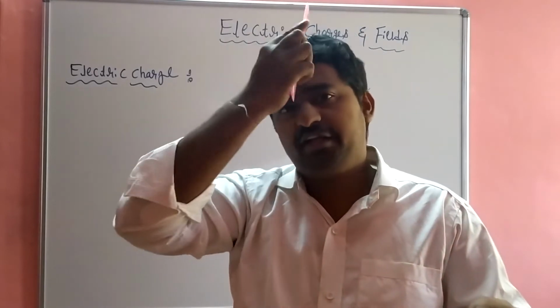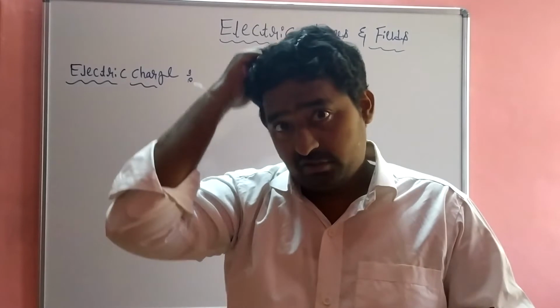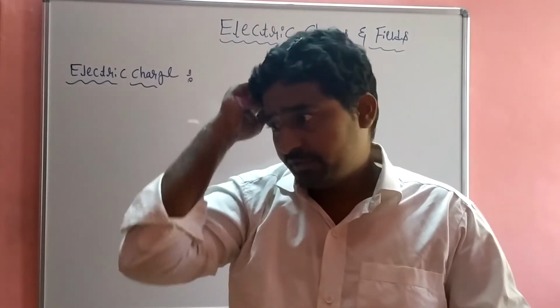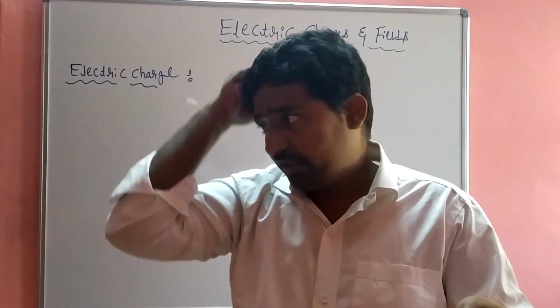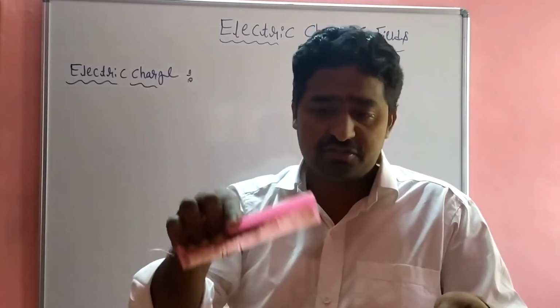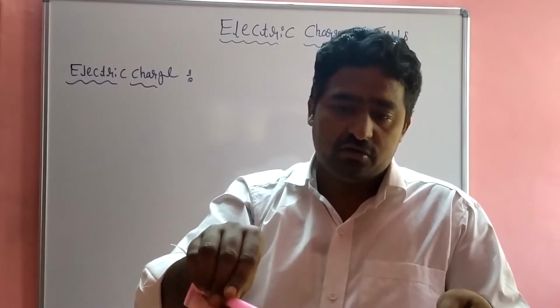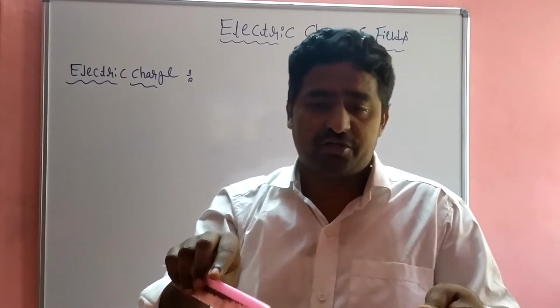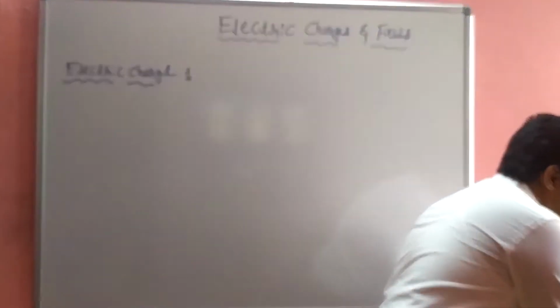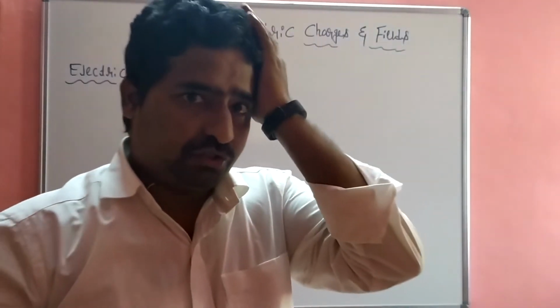Actually you need completely dry hair. So dry hair is rubbed with the plastic comb, and the comb is brought very close to the small bits of paper. These bits of paper will be attracted. This is because of the static charge.